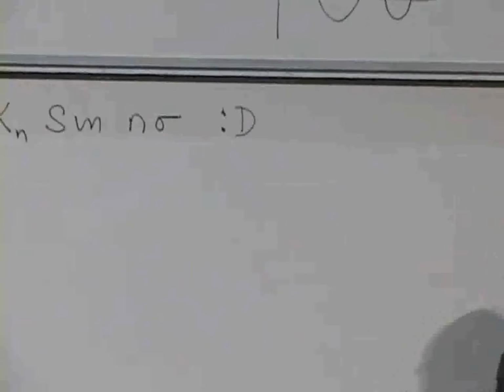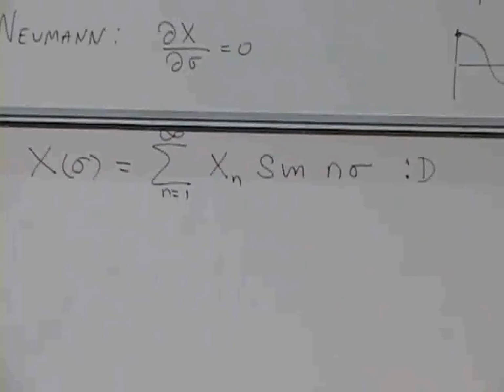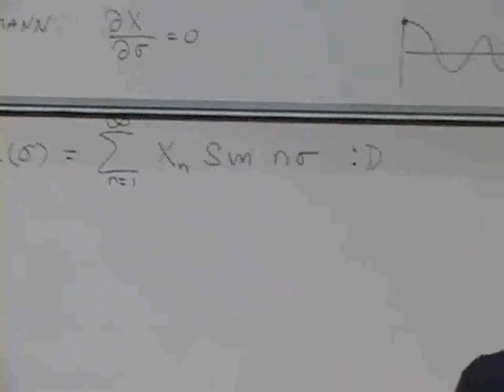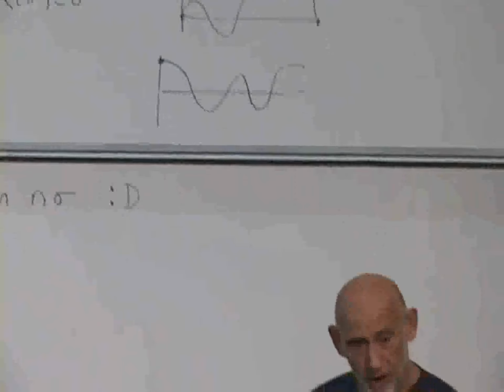What are the functions whose derivatives are 0 at 0 and pi? Cosine. Cosine nx for any n is flat at the endpoints. And there are enough cosines, cosine x, cosine 2x, cosine 3x.